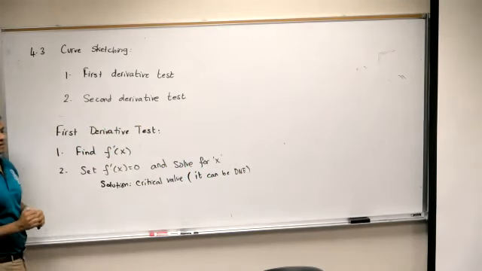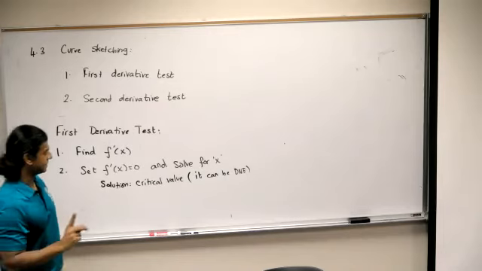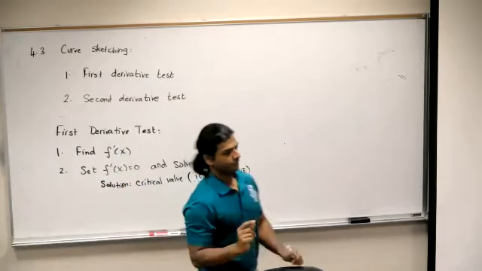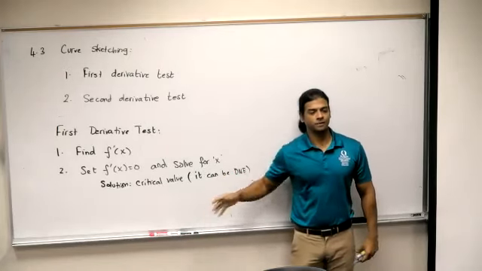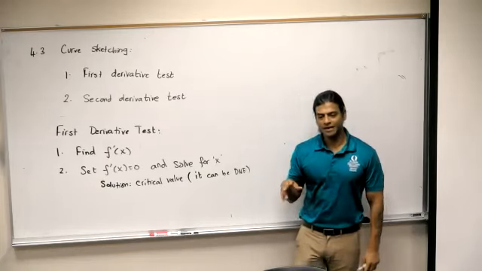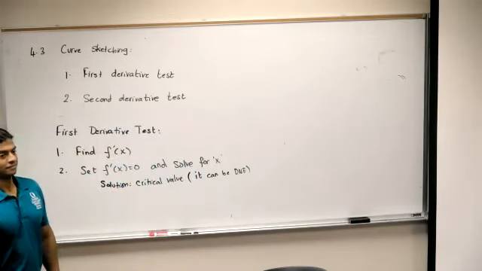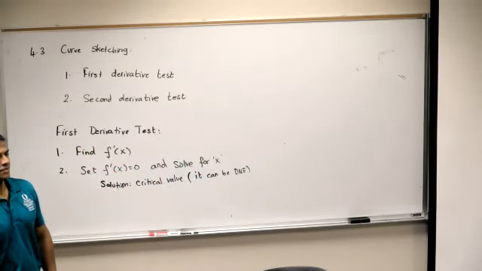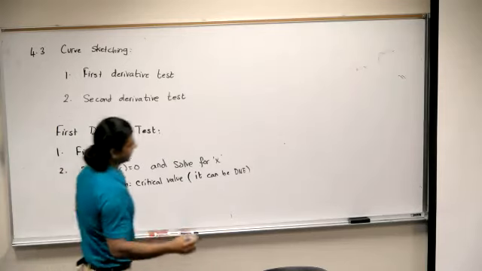Oftentimes it happens when we have, I mentioned this when we were talking about critical values, a critical value which corresponds to a local minimum or maximum, but the critical value doesn't exist. Isn't it when it's a straight line? Straight line, okay. A sharp turn, right?